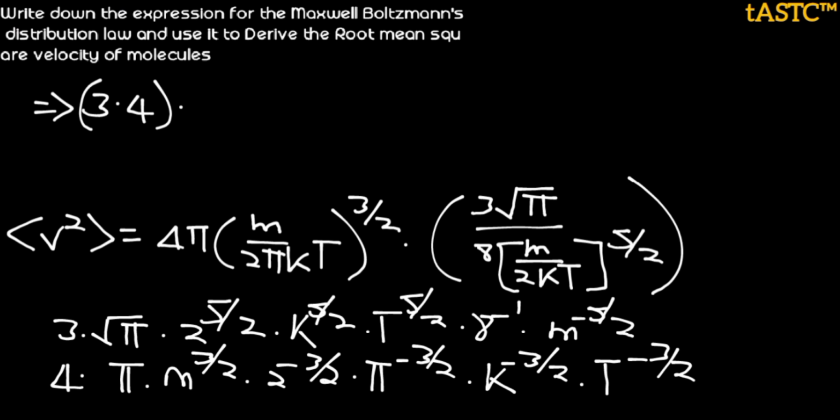So this is multiplied by 2 to the power of 5 halves multiplied by 2 to the power of negative 3 halves. This is multiplied by 8. Okay, so this is 8. Now I know that 8 is 2 to the third power.